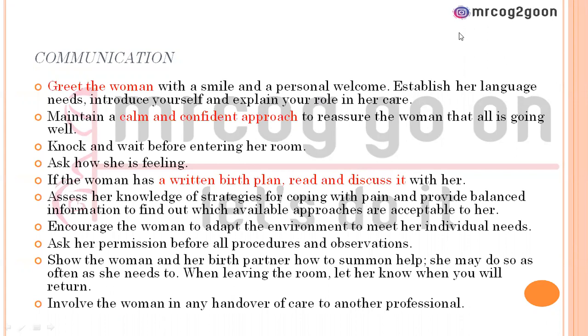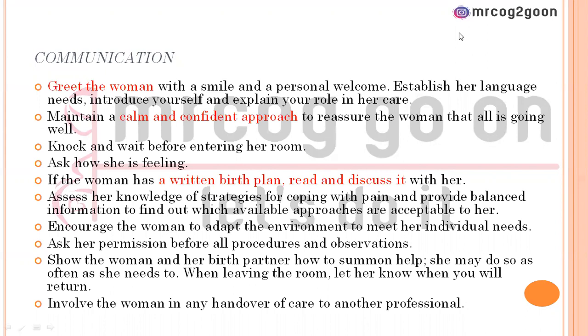You don't want this. So always before doing anything, you have to ask her permission, you have to ask her consent. You know that the assisted vaginal birth guideline was changed just because of this, because of the new laws about consent and permission.